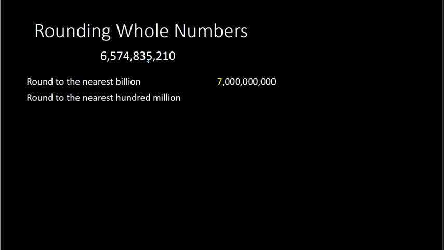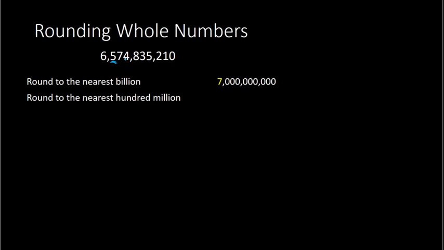So to round to the nearest 100 million, we are looking to round this number. So we're trying to determine, is this large number closer to 6,500,000,000 or 6,600,000,000? Because this number is in between those two 100 millions place.